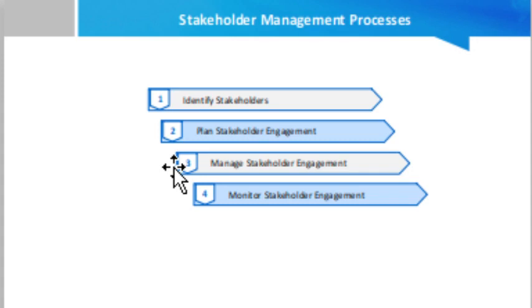So basically manage stakeholder engagement means that you have to control the engagement. Control means, for example, you must ensure that a weekly on-site meeting with the project manager from the vendor side and the customer side happens.